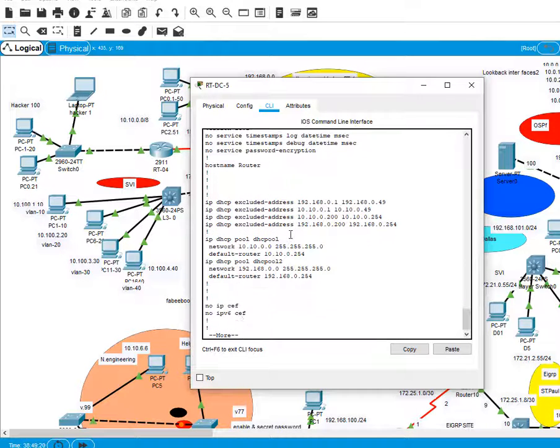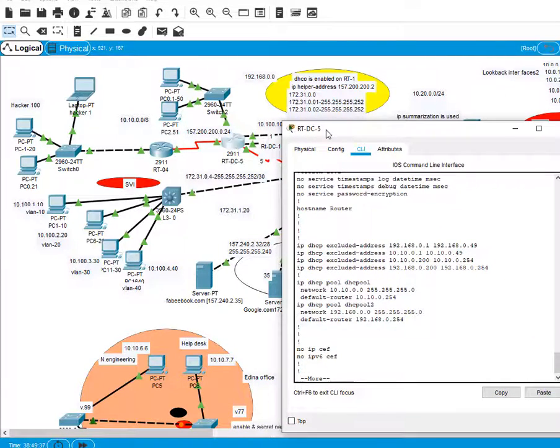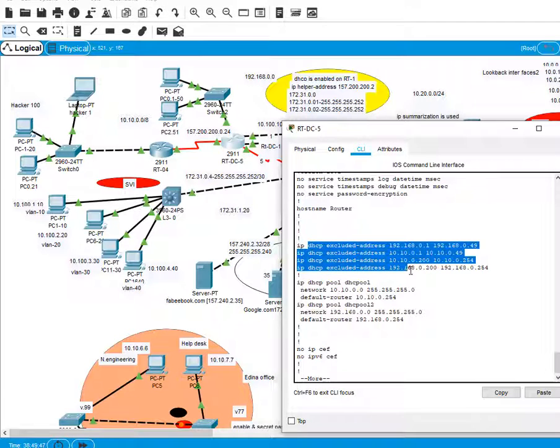Now I want to show you one more thing that we already talked about in the previous video. You see this is DHCP. We said the router can be a DHCP server. Now it is configured as a DHCP server. This is the excluded IP range, as you know.